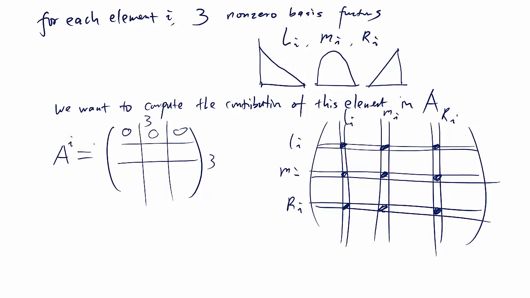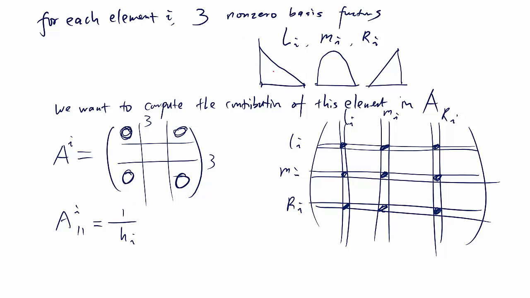Okay, so on this matrix, these 4 entries corresponding to the left and right are going to be exactly the same as in the piecewise linear elements. So A^i_11 is still going to be equal to 1 over h_i.